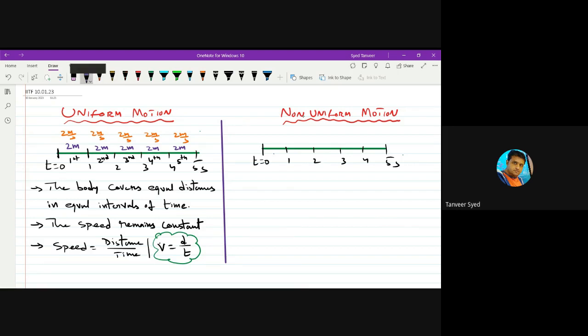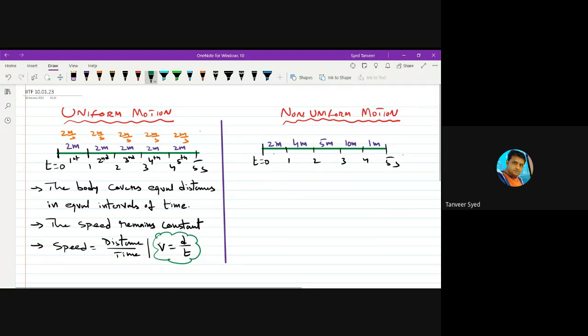And the distances covered by the body are like this. First second, 2 meter, second second, 4 meter, third second, 5 meter, fourth second, 10 meter, fifth second, 1 meter. Distances are not equal.